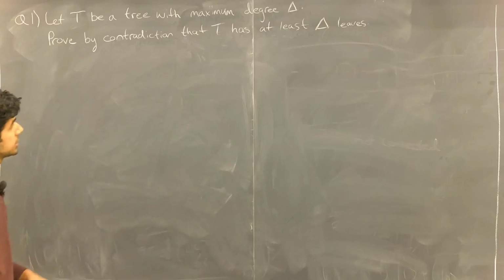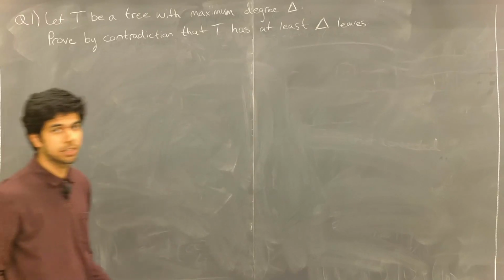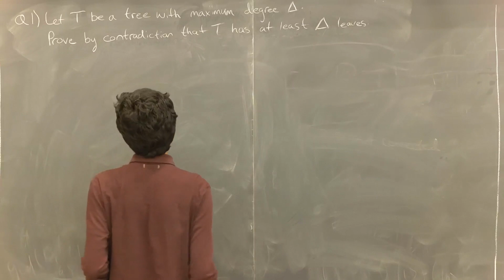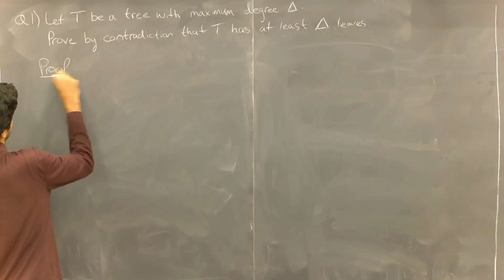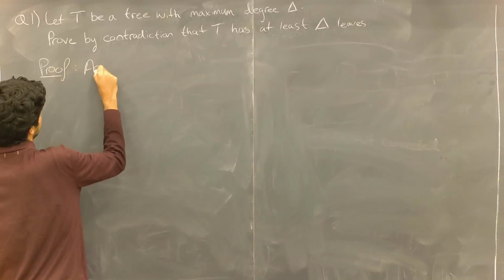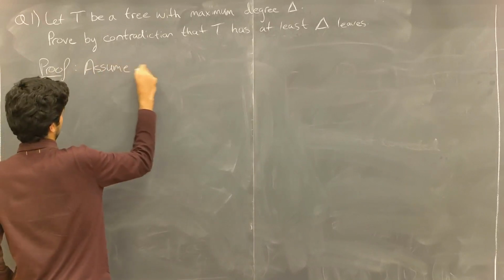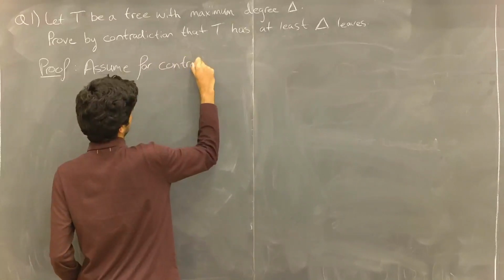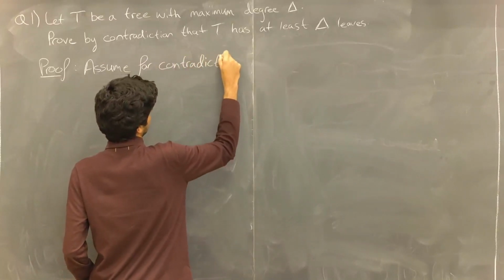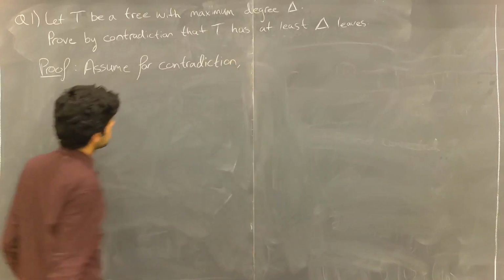So in a proof by contradiction, we should start by explaining what our contradiction statement is. So we'll write our proof. We will assume for a contradiction... what are we assuming?